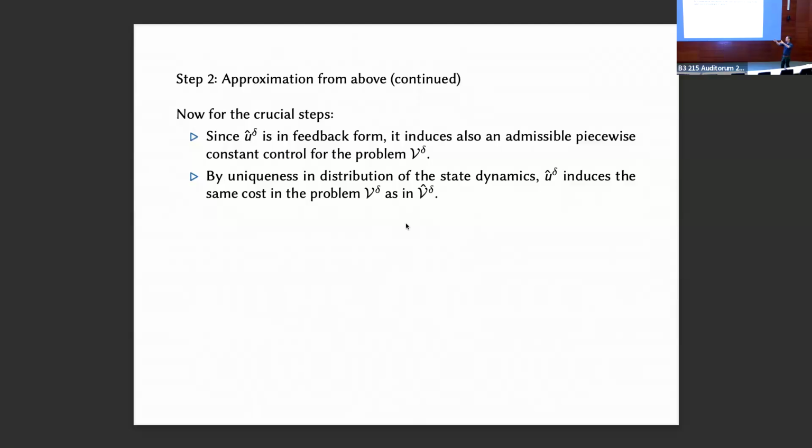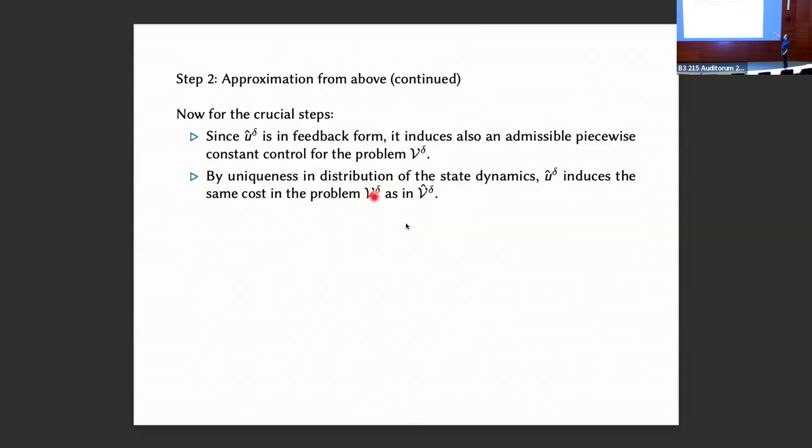So the state has the same distribution, which means it has the same cost. This means that we have found an admissible piecewise constant control for the problem with piecewise constant controls, but with control-dependent Brownian motion and filtration.